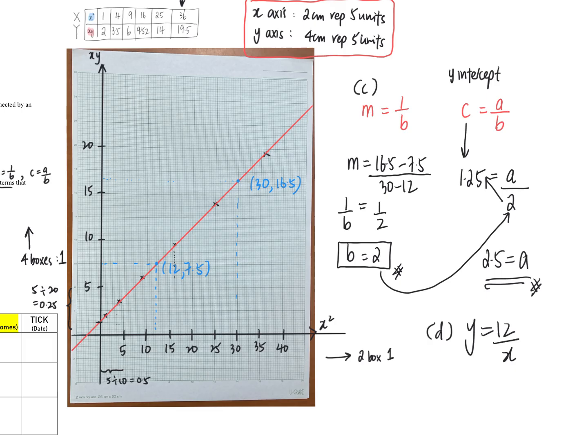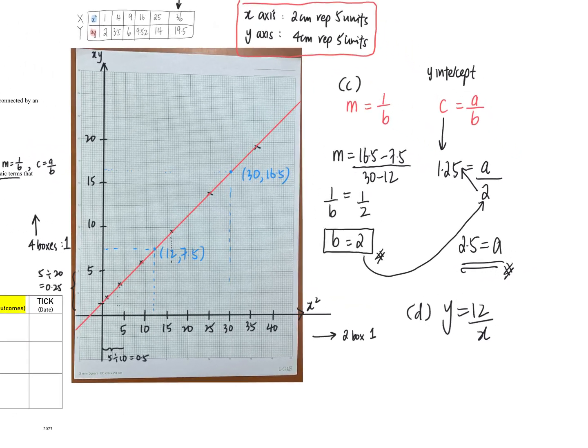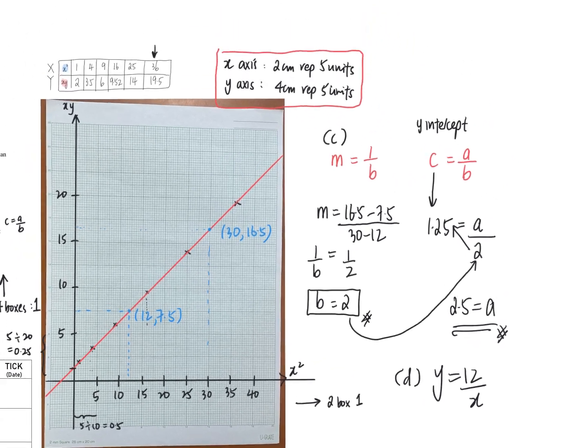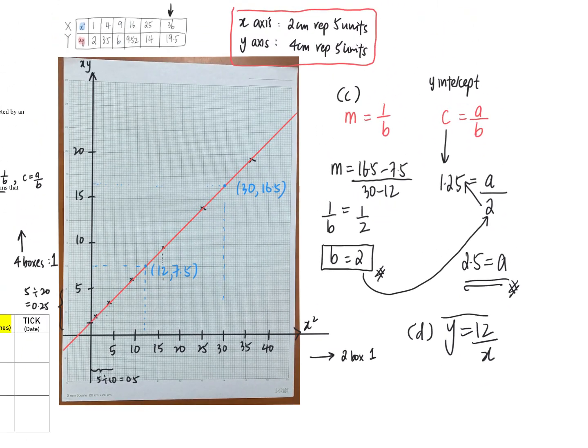Okay, then of course the last one says that when y is 12 over x, can you find the unknown value of x? So this one we can't find unless we relate it to our scale. So should I relate this to my y-axis or my x-axis? Make a guess. My y, right? Because this tells me that xy is 12. So they are suggesting that my big Y is 12.